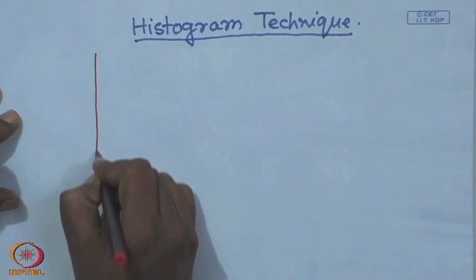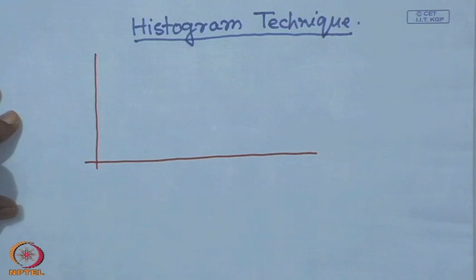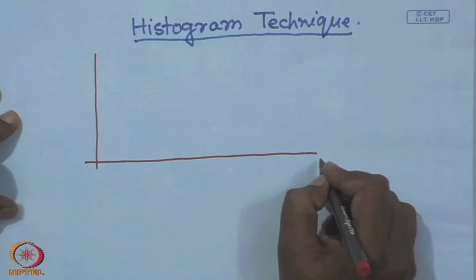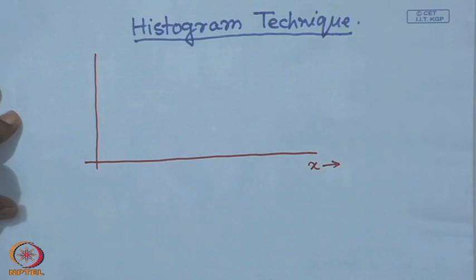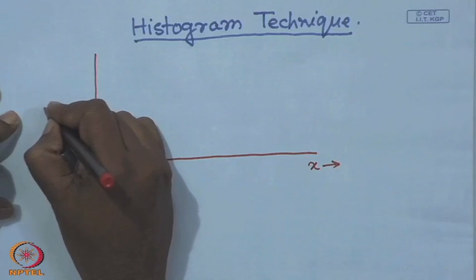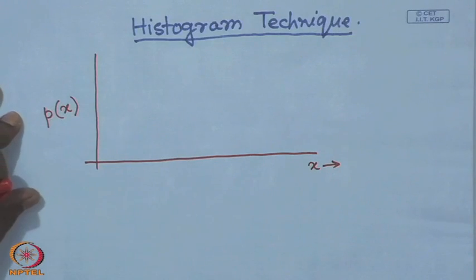Because it is a scalar variable, I will have a horizontal axis which represents the variable x or different samples of the variable x, and the vertical axis will represent the probability density estimate, which is p of x.